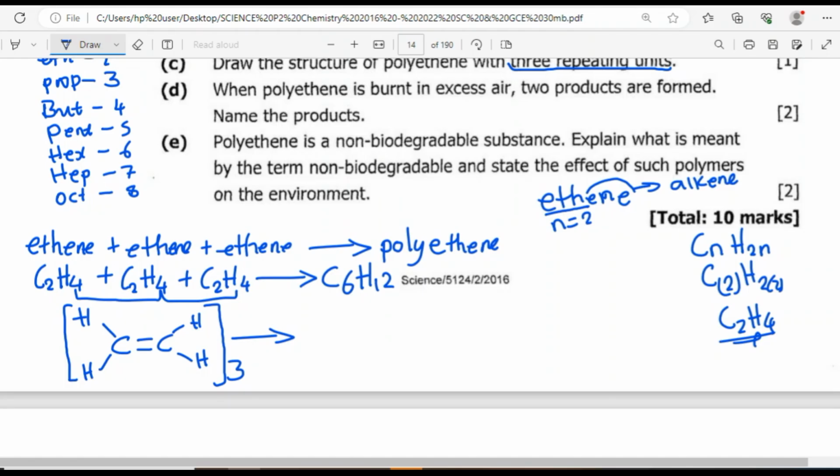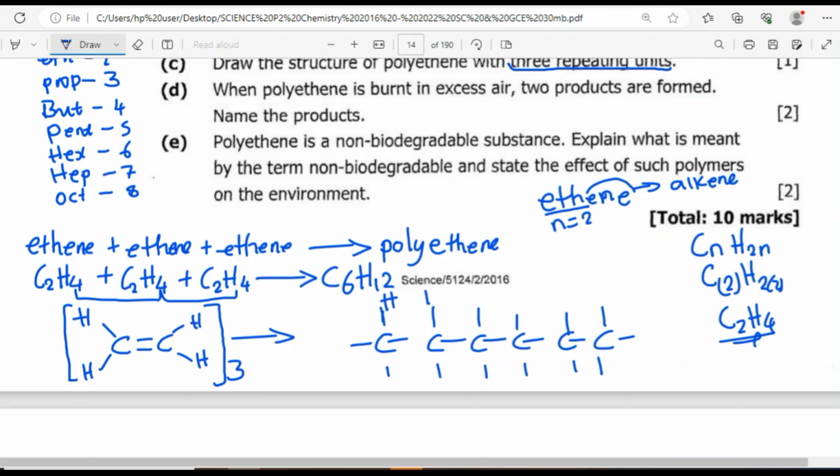Now, how do you write the structure for a polymer like this one under addition? Under addition, you just have to look at the molecular formula for the compound that you formed here, C6H12. So we are going to write 6 atoms of carbon. Then remember, under addition polymerization, the double bond in the monomer will break. So the polymer must consist of only the single bonds.